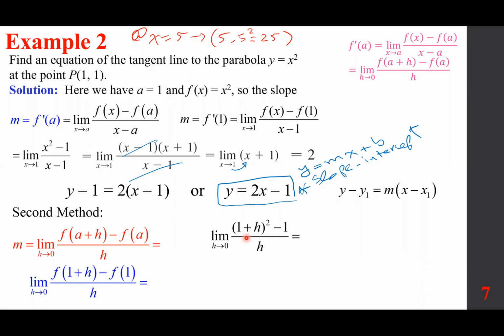Now you're going to expand that. You've done this many times by now. This is 1 plus 2h plus h squared. Okay, the first one squared, you get 1. 2 times the first times the second is 2h. This is h squared. 1 and negative 1 cancel each other, everybody. The numerator, we can factor out the h.